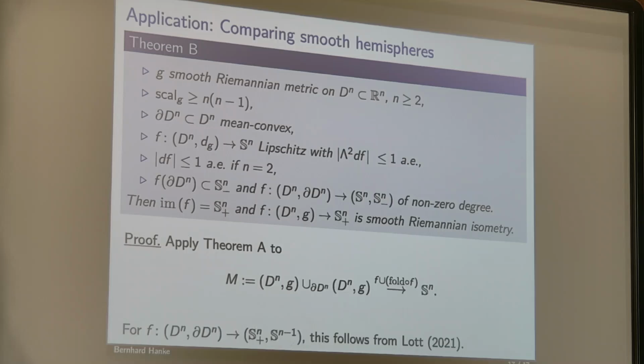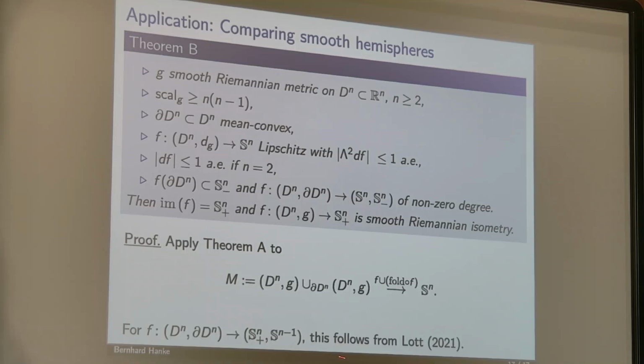And when you glue this, you get along the boundary a singular locus, so the metric is no longer smooth, but the scalar curvature condition is still fulfilled in a distributional sense. And now you write down the map to the sphere, you take the map f on the first copy, and on the second copy you take also the map f, but composed with this fold map, which sends everything of the northern part to the southern part. So this is a closed manifold, and the mapping degree is non-zero, so we can apply theorem A. This map is a metric isometry, and then we are done.